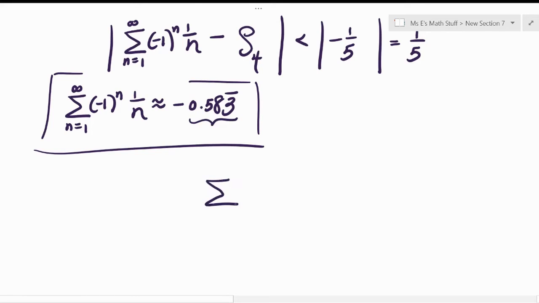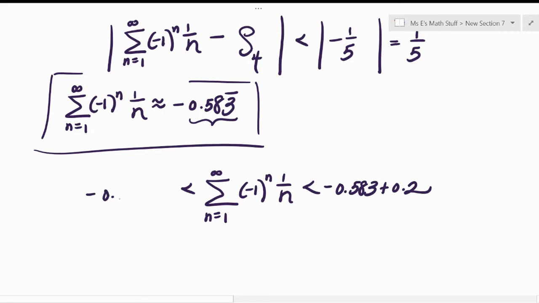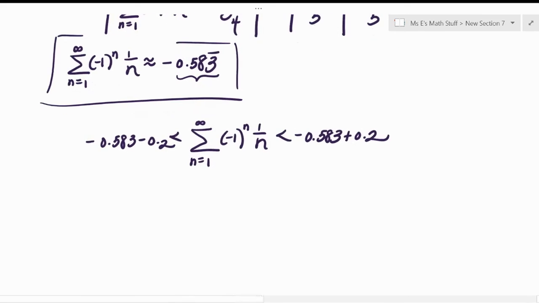And so we could also say that we know the sum as n goes from 1 to infinity of -1 to the n of 1 over n in its true form is between negative 0.583 plus 0.2 and negative 0.583 minus 0.2. We know we're within 0.2 of that number for the real thing. So that would mean the sum as n goes from 1 to infinity of -1 to the n times 1 over n is within, what would that be?